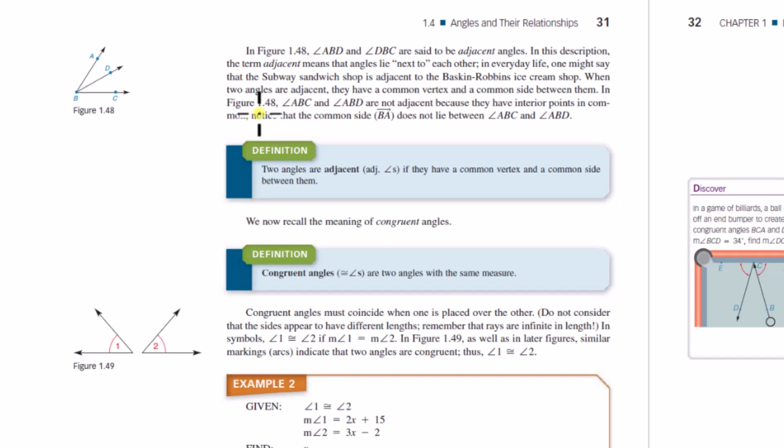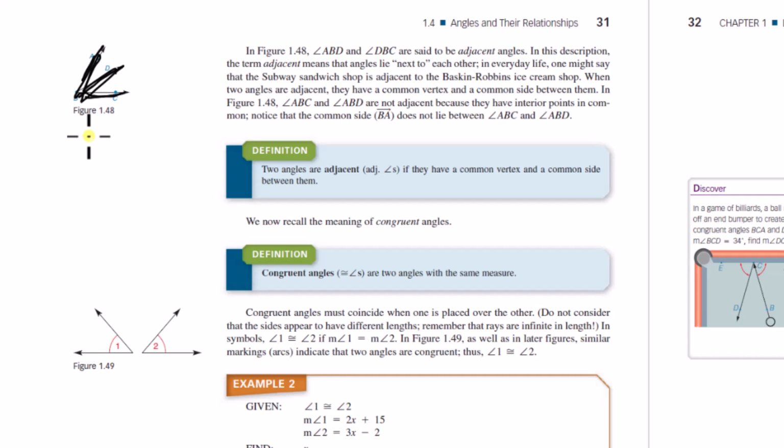But in figure 1.48, angles ABC and ABD are not adjacent because they have interior points in common. Notice that the common side, ray BA, does not lie between angle ABC and angle ABD. So it's important to note that this angle and this angle are not adjacent.